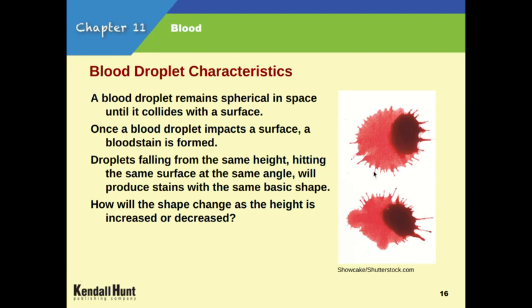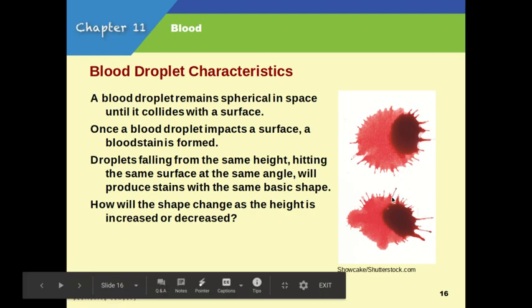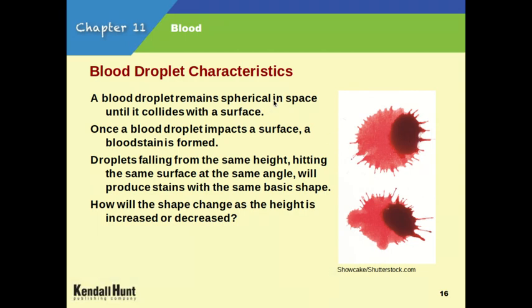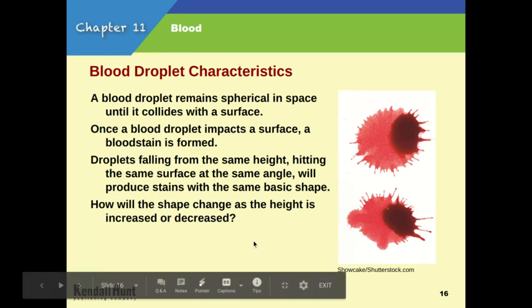These little extras coming off of the blood stain are called spines. And again, if they're from the same height in the same direction, the spines will look pretty much the same. So we're going to talk about how the shape and characteristics of these drops, these stains, change as they fall from a different height.